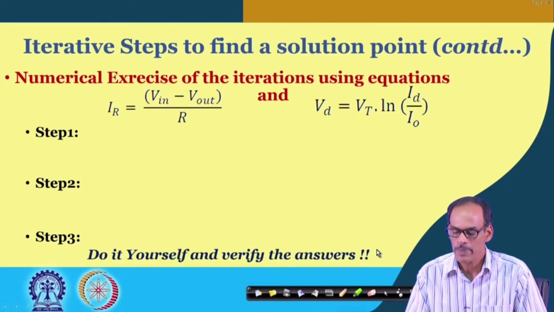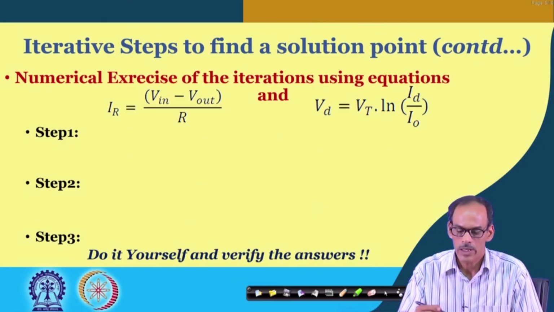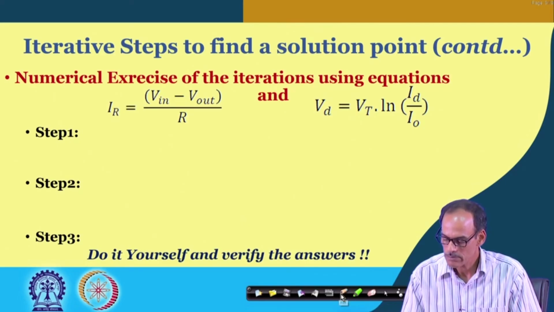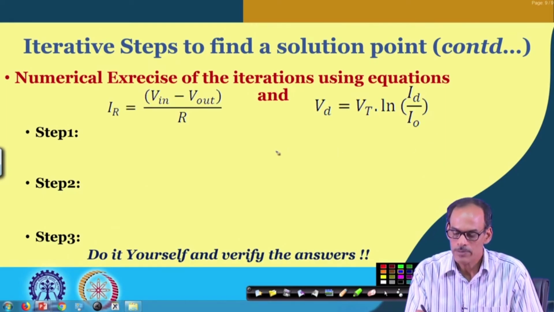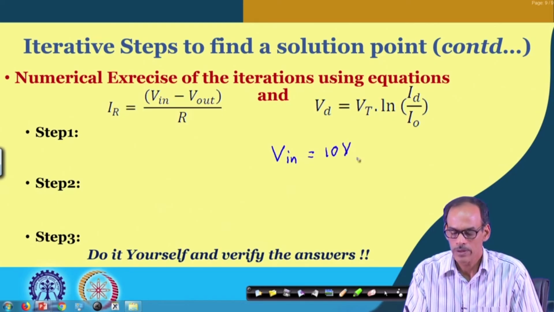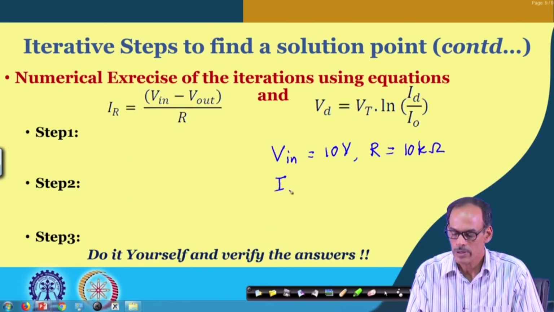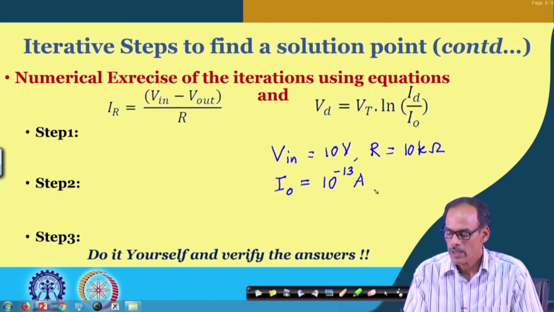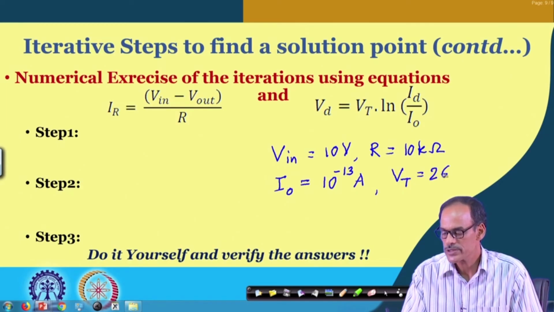So, as an example, you can take V in equals 10 volt, R equals 10 kilo ohm. Say, for the diode reverse saturation current, consider 10 to the power minus 13 ampere, and thermal equivalent voltage, maybe we can take 26 millivolt.